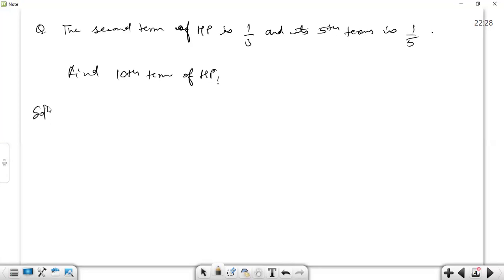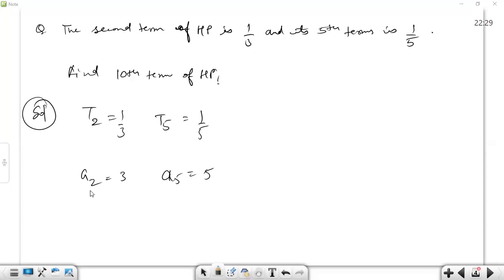So in the solution, the second term of HP is given, that is 1 by 3. The fifth term of HP is given as 1 by 5. So we know the reciprocals of the same are the terms of AP. So the second term is 3. The second term of an AP is A plus D, basically 3.